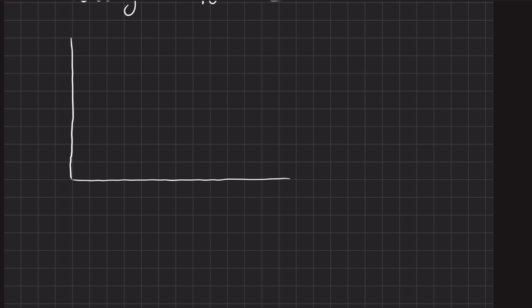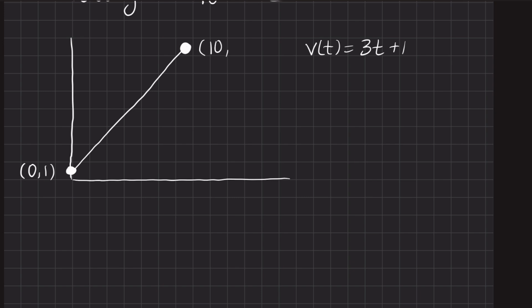And our velocity function was that 3t plus 1, which I'd have my y-intercept at 0, 1, and I have a slope of 3, so I'm rising. And this point is going to be up at 10, 31. Let's say this is 10.